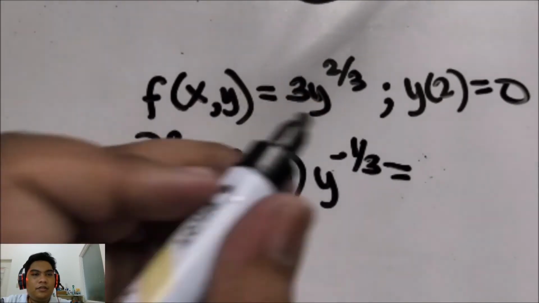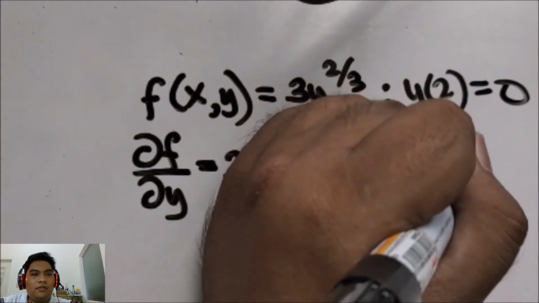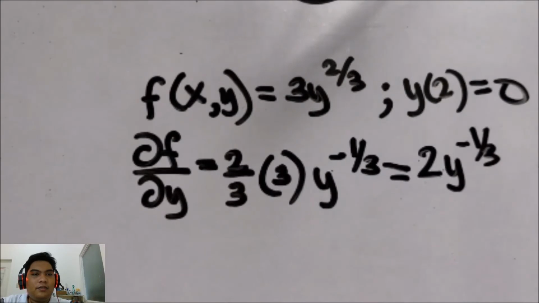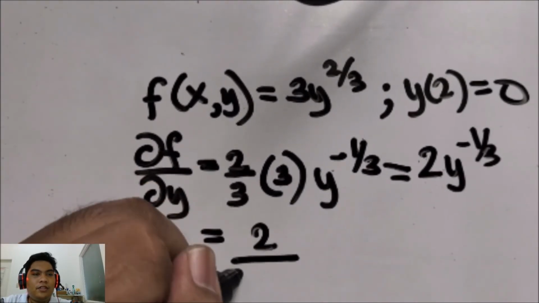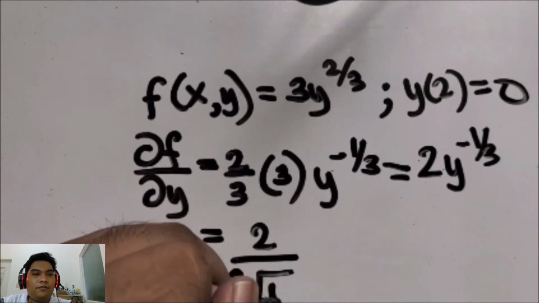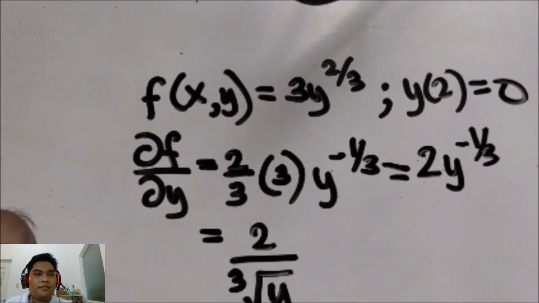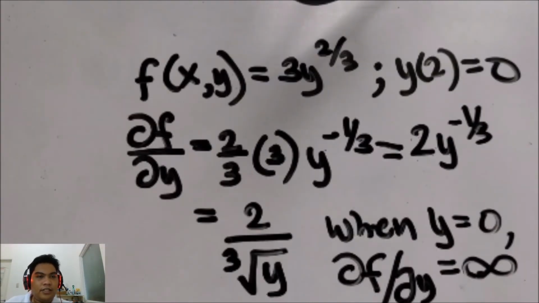Simplifying, we obtain 2y raised to negative 1 third, or 2 all over the cube root of y. Okay, so when y is 0, we see that the partial derivative of f with respect to y is undefined.